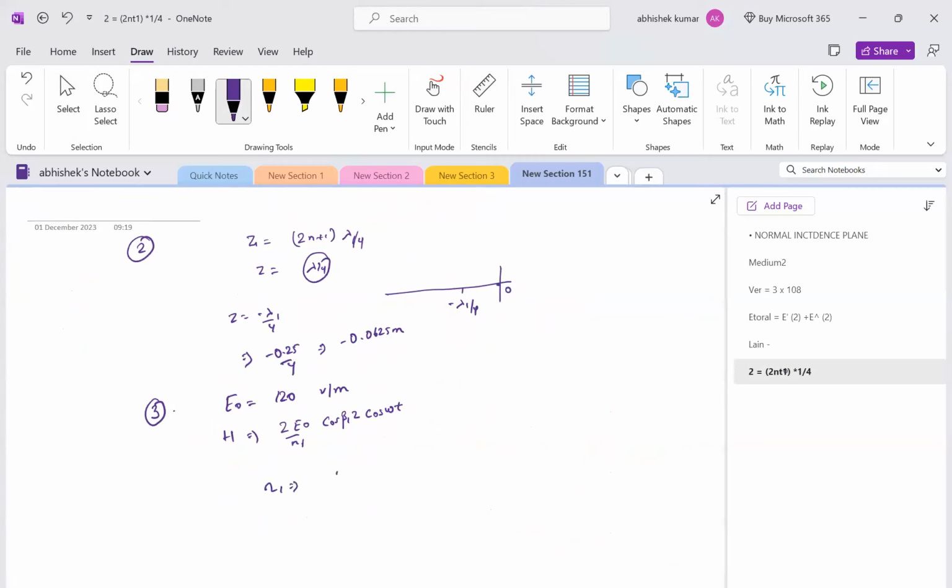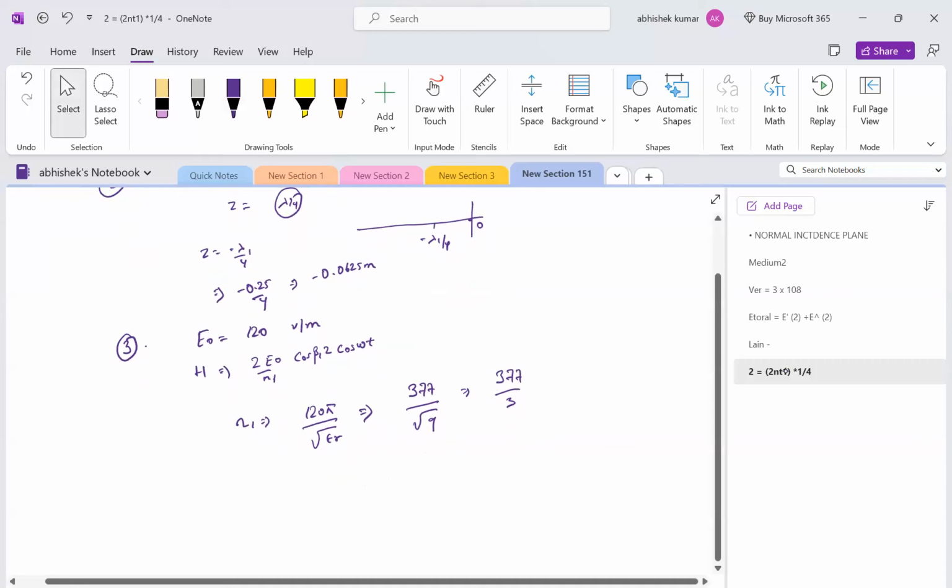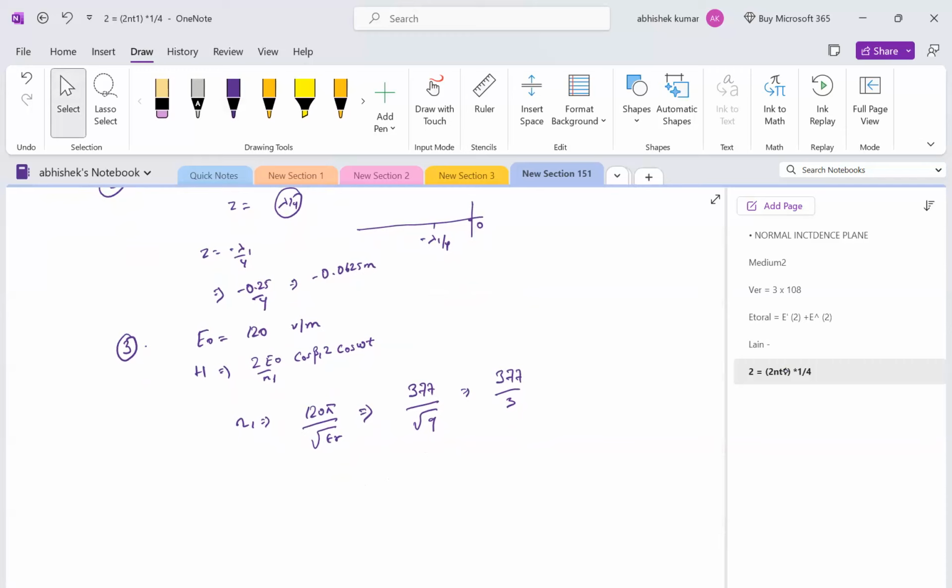And what is N1? Right. Okay. Any doubt here? No doubts.